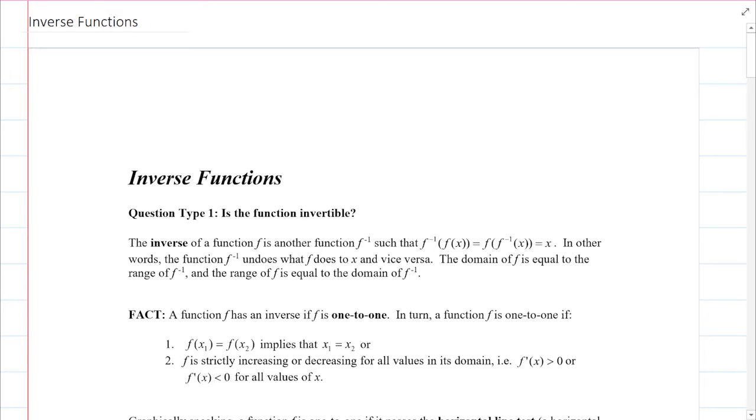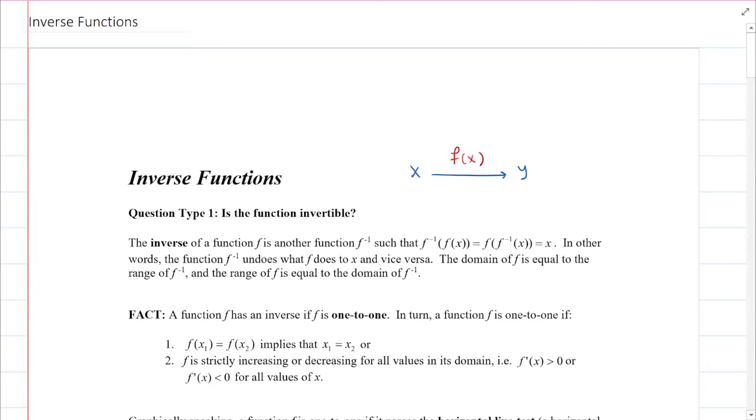So the inverse of a function is another function such that f inverse of f and f of f inverse is equal to x. So think about a function that takes you from x to f of x, or takes you from x to y. So this is what f of x does.